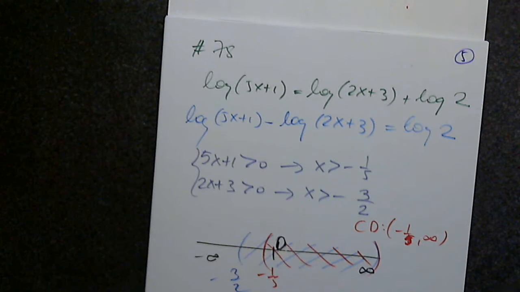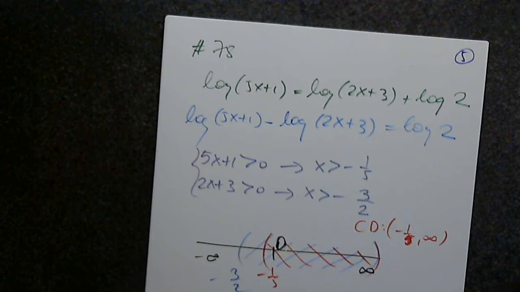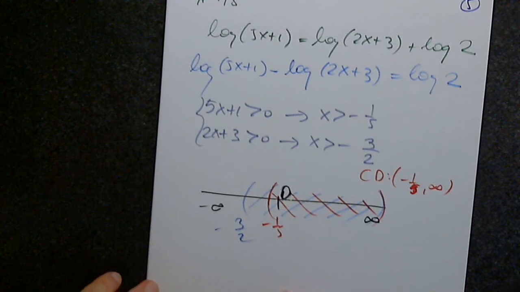Okay, good. So now let's condense the left-hand side. How do we condense the left-hand side? What do I have to write first? This is very important, what I write first. I have to write log.